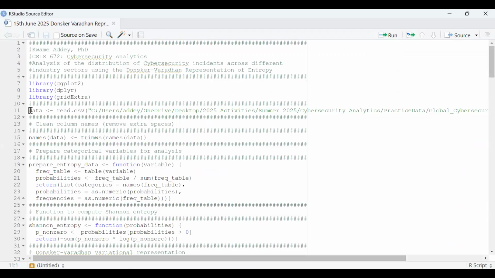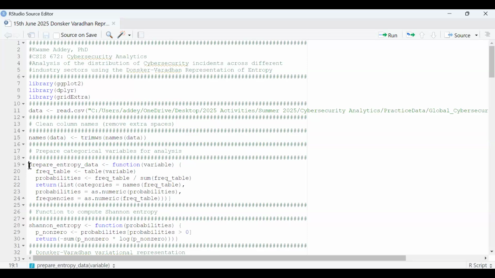So in this first step, what I do is I import the data set I'm using. Then because the data is in such a way that there are some leading white spaces and lagging white spaces, I use this line to trim the leading and lagging white spaces.